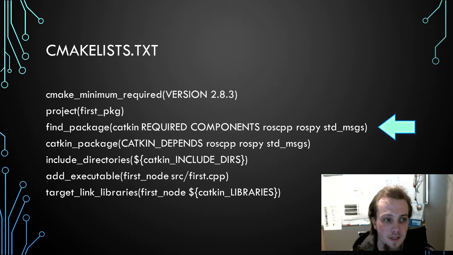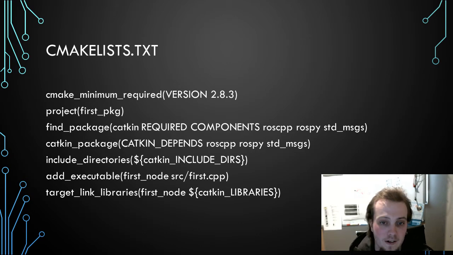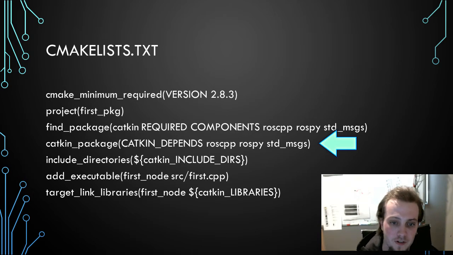We've got ROS C++, ROS Python, and standard messages. On the fourth line, we have Catkin package, which gives options when building on Catkin. In this example, we are just specifying the dependent packages.